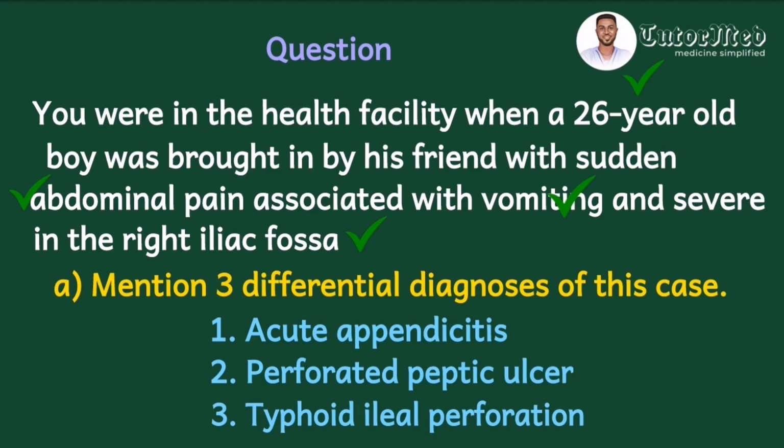Then other differentials include right testicular torsion, right ureteric colic, it could be acute intestinal obstruction, etc. So any potential cause of acute abdomen can explain this boy's presentation. But using the clinical vignette, it appears acute appendicitis is likely. Then it may be perforated peptic ulcer or typhoid ileal perforation. We've been asked for 3, and so we stick to 3.